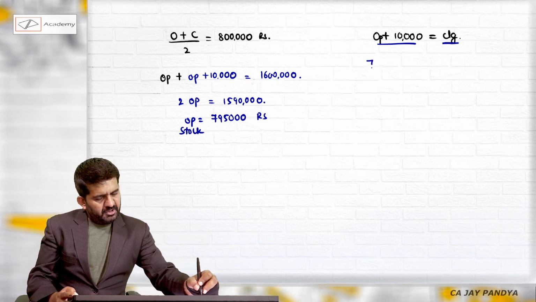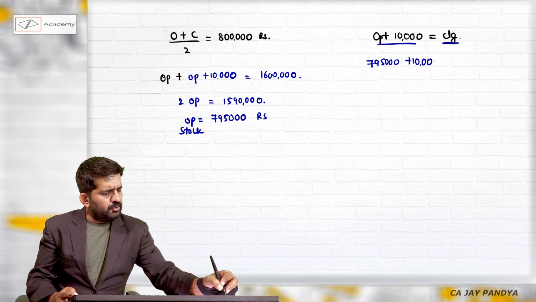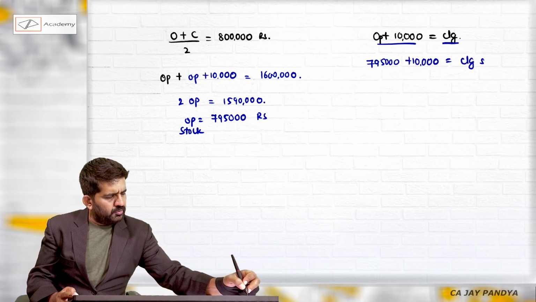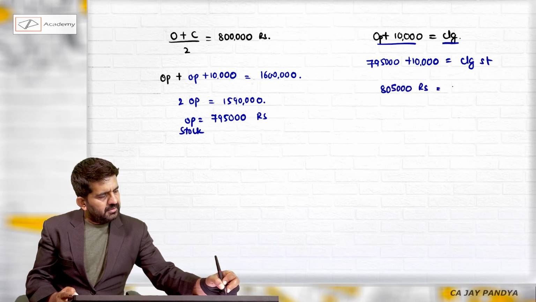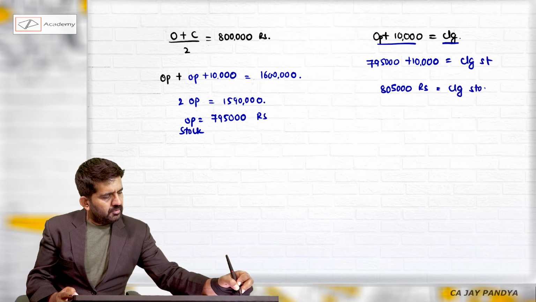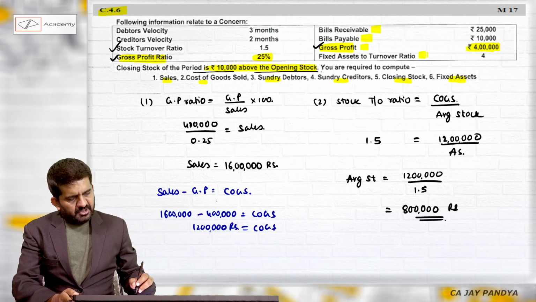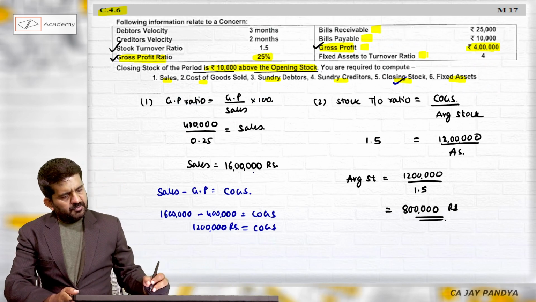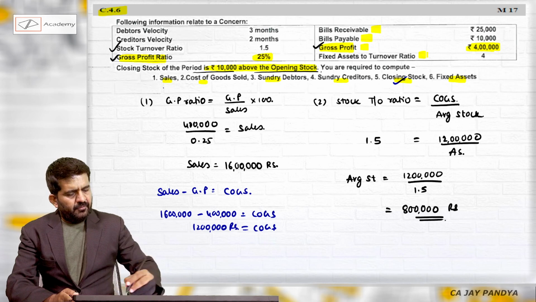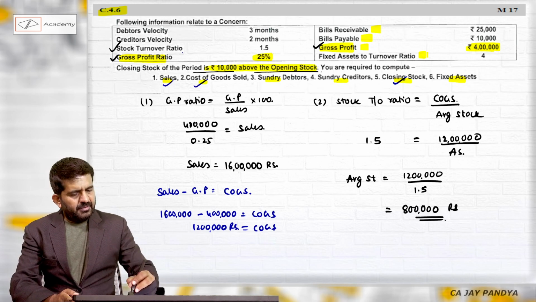What will be closing stock? 7 lakh 95,000 plus 10,000 is equal to closing stock, which will be 8 lakh 5,000 rupees. I've got opening stock and closing stock, one of which was my answer. We have found out sales, COGS. We have used all those ratios.